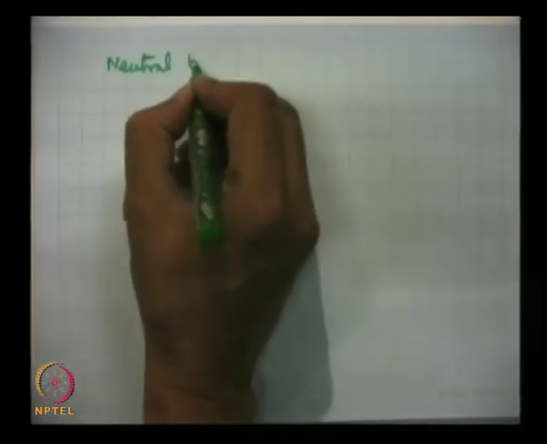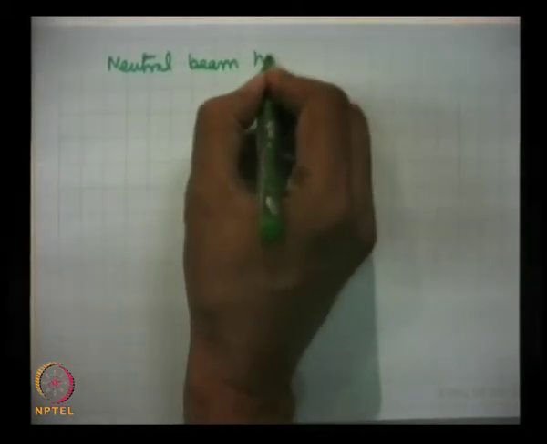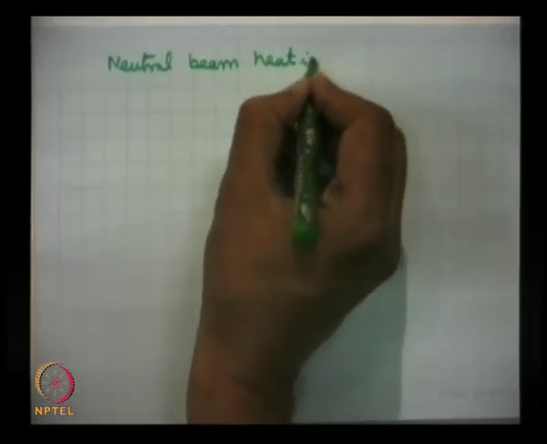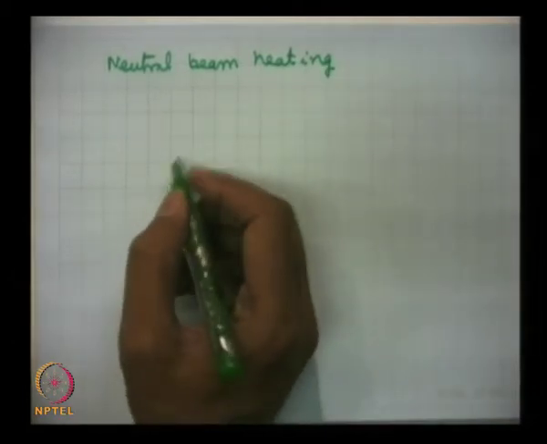For neutral beam heating, usually one employs deuterium beams, and the system is something like this.